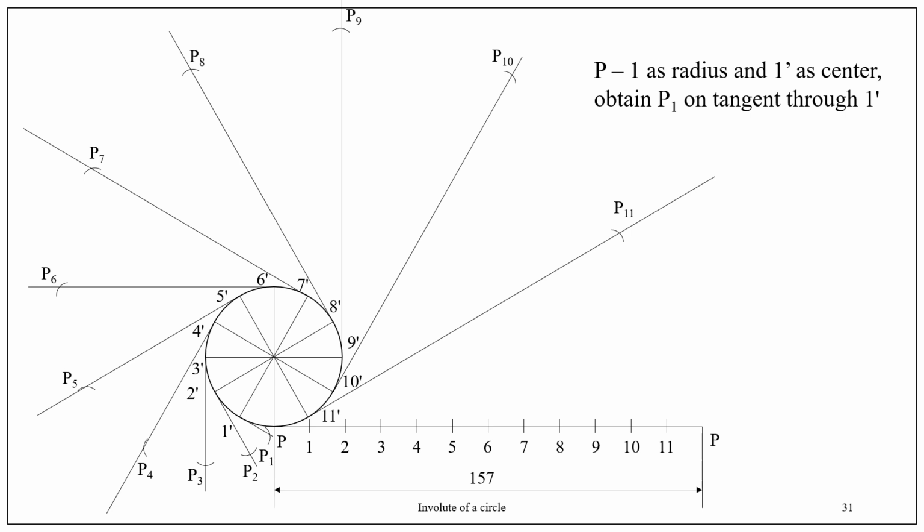Remember, involute is a curve obtained by drawing the locus of one end of a string when it is unwound from a circle, keeping it straight.